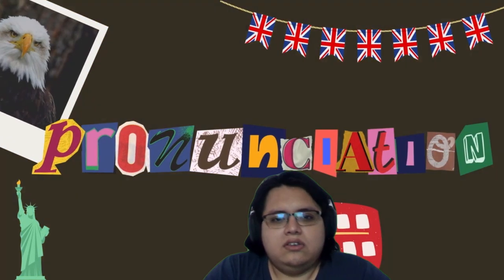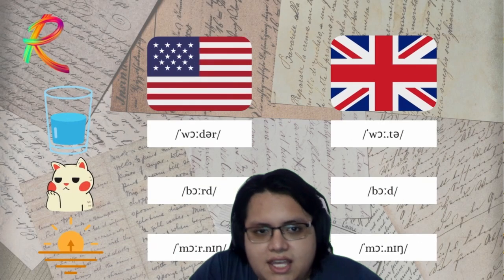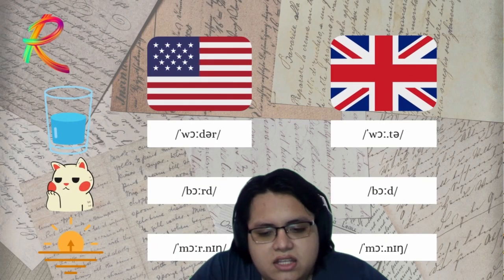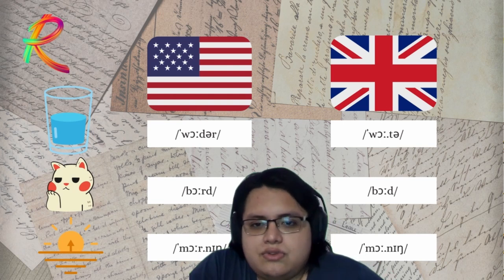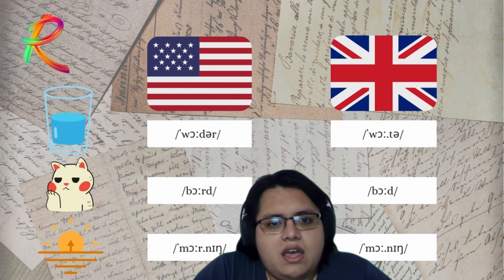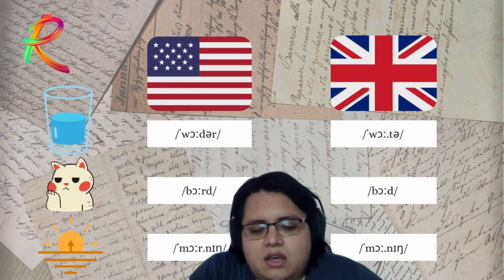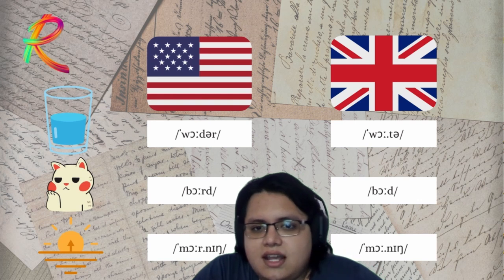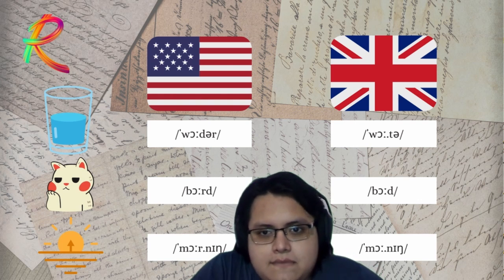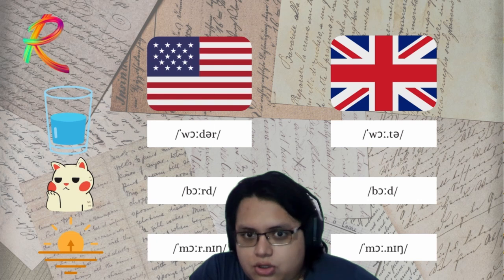One of the most noticeable differences in pronunciation is the letter R. In the US, the R is usually pronounced. For example, the first picture will be pronounced like water, the second like board, and the third like morning. But in British English, the letter R is usually avoided.